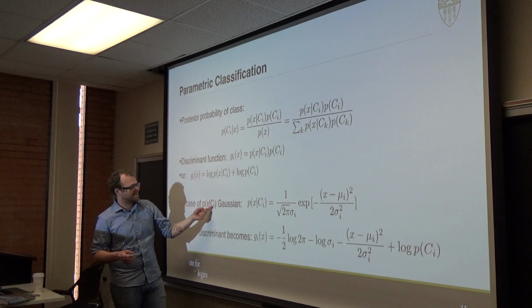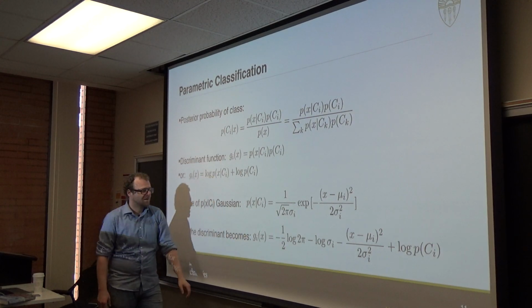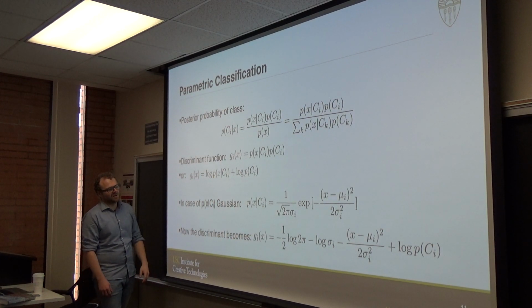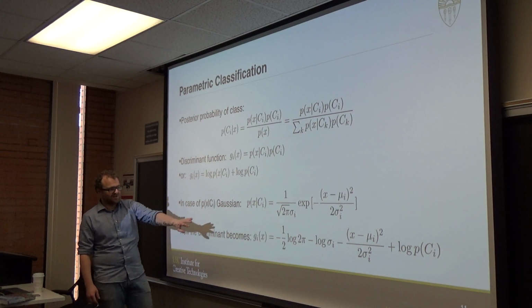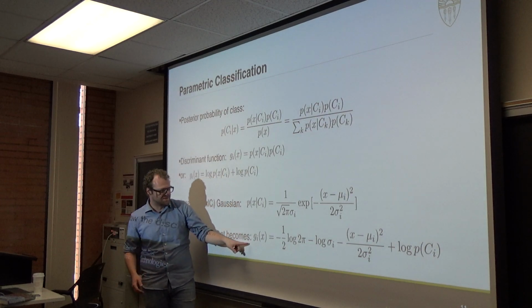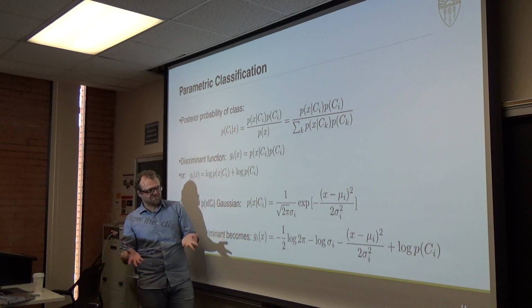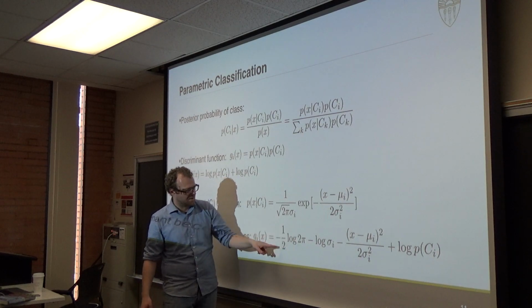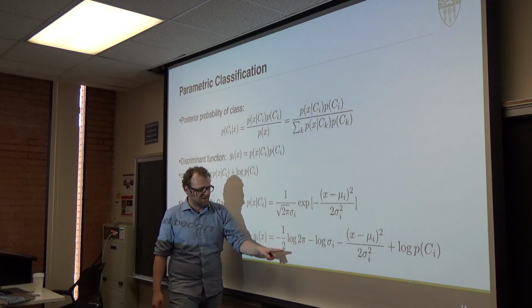And then if we replace the likelihood with a Gaussian, we receive this term down here. And if you want to use this as a discriminant, the cool thing is that this constant term here falls away.